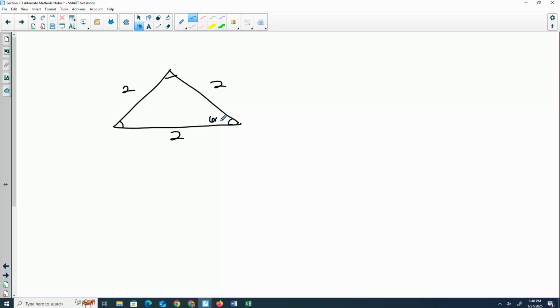60 degrees. And what I did is I dropped the perpendicular. Okay, so perpendicular would come straight down. So now this side is 2, this angle is 60. That's perpendicular, this is 90. So this angle is 30.